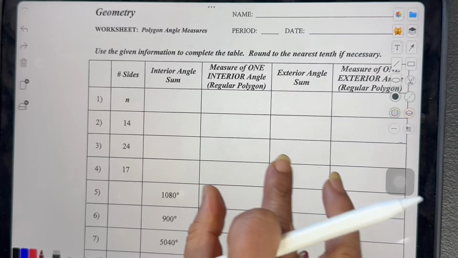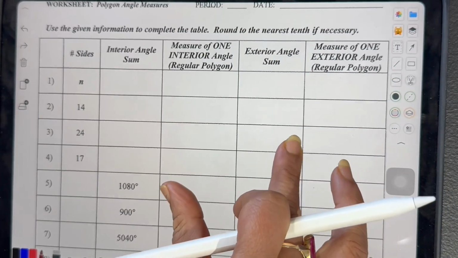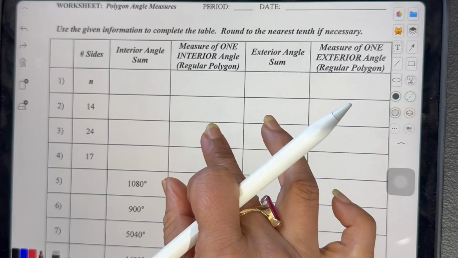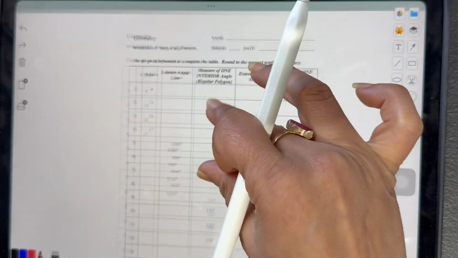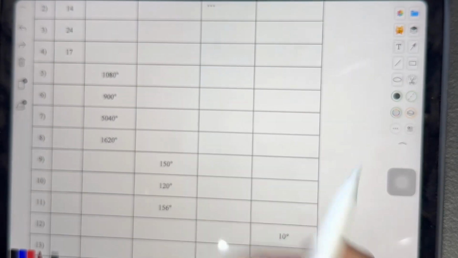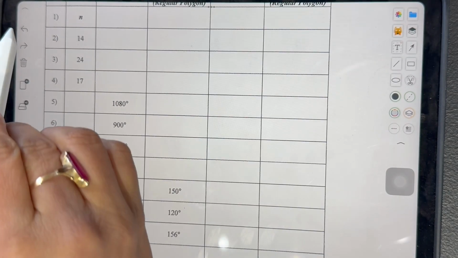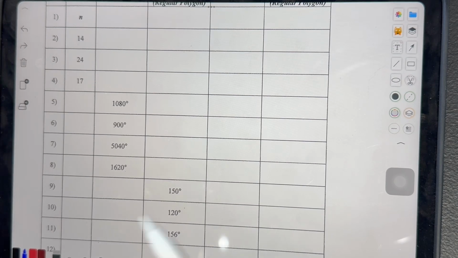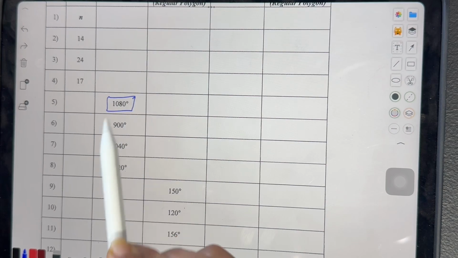Let me try to do it like this. Sum of exterior angles, yeah. So I did one of these questions. Let's do some other question. In the fifth question, if you see, they have given the sum of the angles.